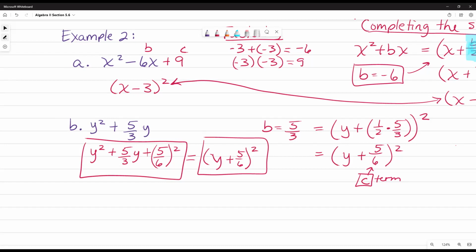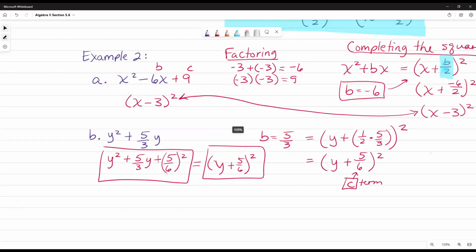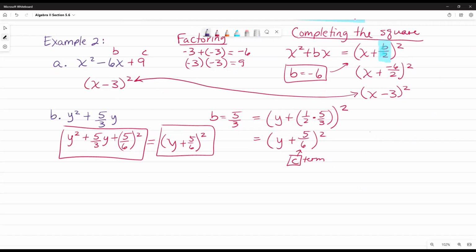Okay. Let's look at what it looks like, how this works when we actually solve it. So one thing that you'll notice too in some of the examples, once you've squared your B term, divided it by 2 and squared it and turned it into your C term, they ignore the sign, because what is every negative number squared?